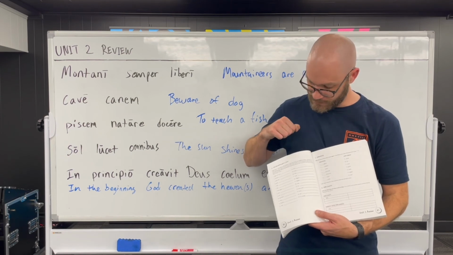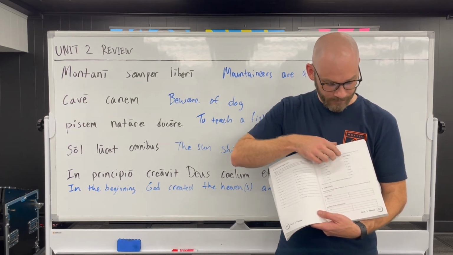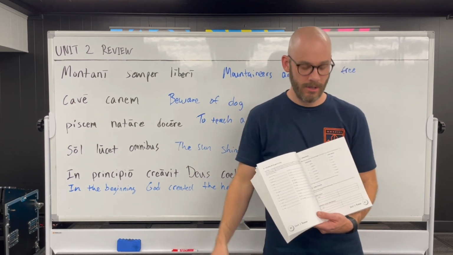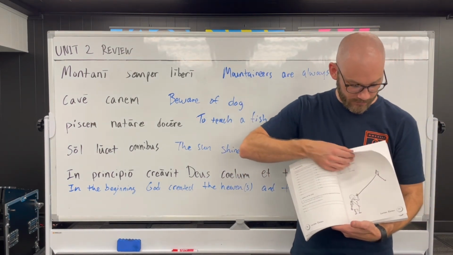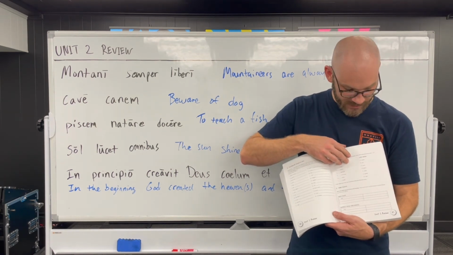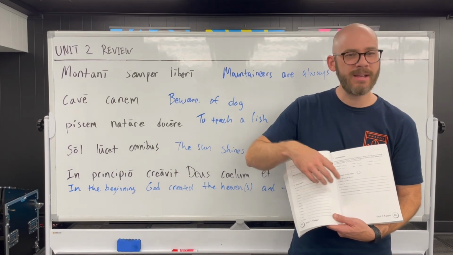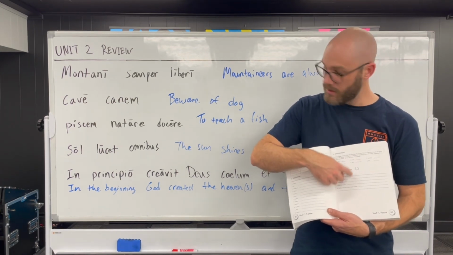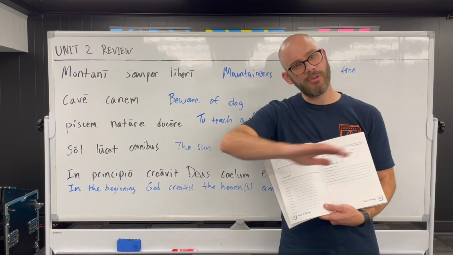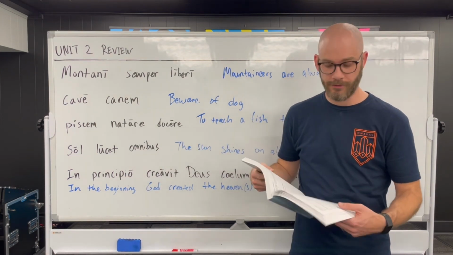And then spend some time doing the verb stuff. Maybe do that on day 3. So day 1, watch this video. Then do some vocabulary review on page 79 and 80. Then do all your verb stuff on page 81 and 82 to get yourself ready. Then do your 5 statements here, just like we have them on the board. If you can do that review, you're going to be totally ready for the Unit 2 review test.